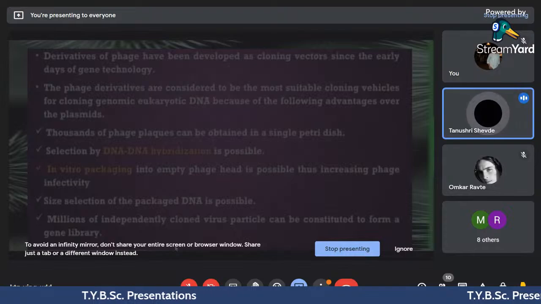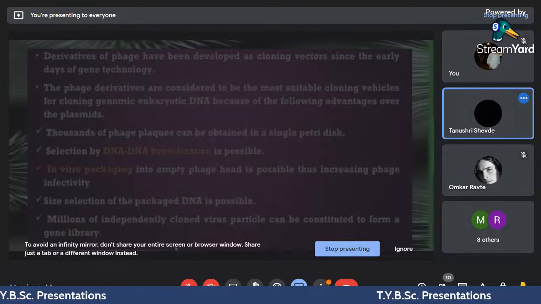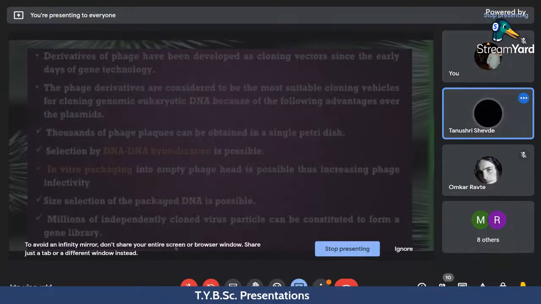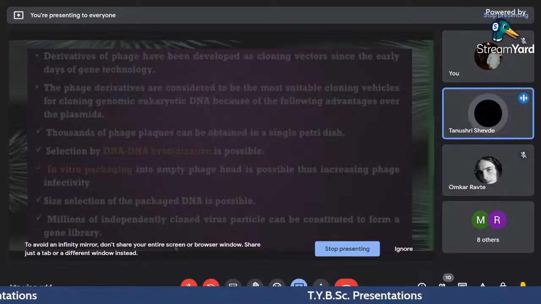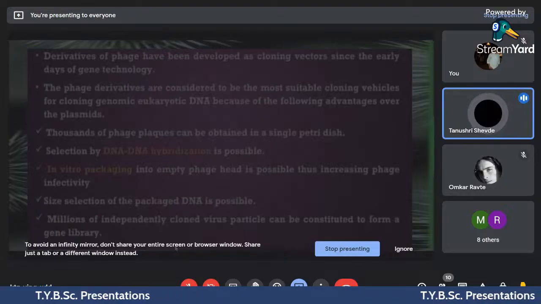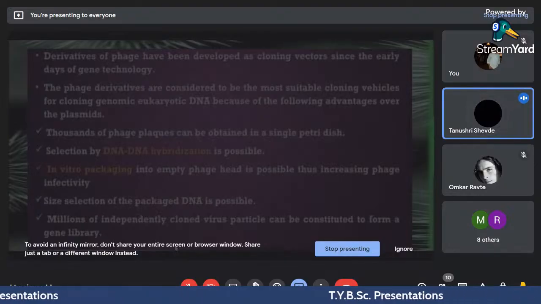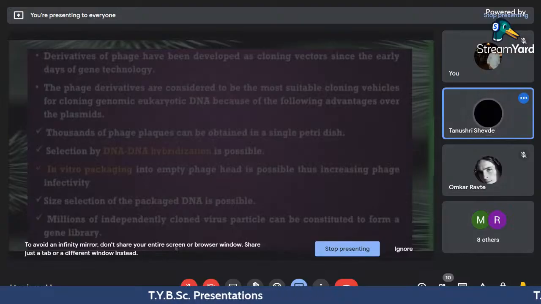Thousands of phage plaques can be obtained in a single petri dish. Selection by DNA hybridization is possible. In vitro packaging is possible. Size selection of packaged DNA is possible. Millions of independently cloned virus particles can be substituted to form a gene library.